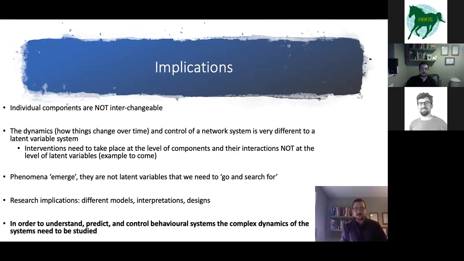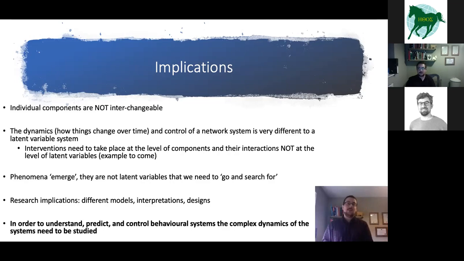It also means that a lot of the phenomena we experience or measure might emerge. They aren't real entities that we need to go and search for. So this has research implications. We might use different models, interpret data differently, maybe design our experiments slightly differently.